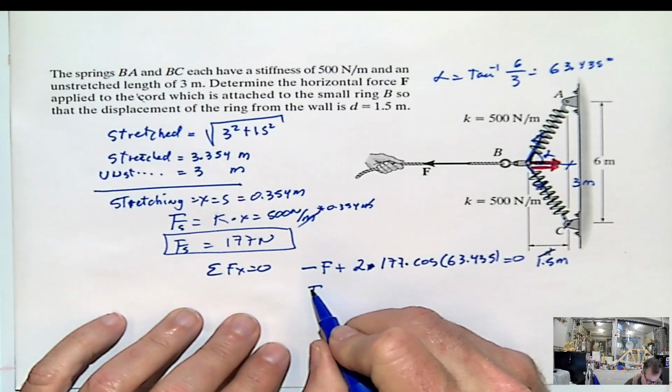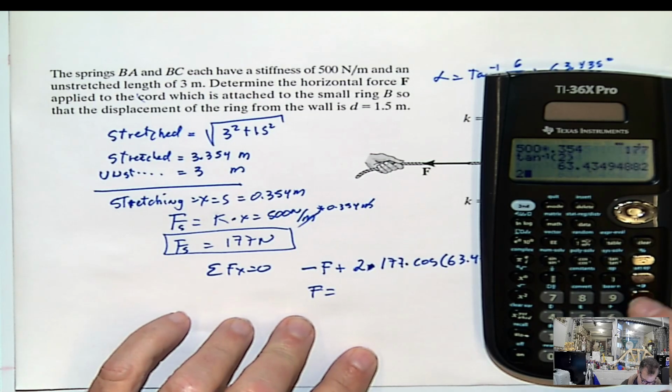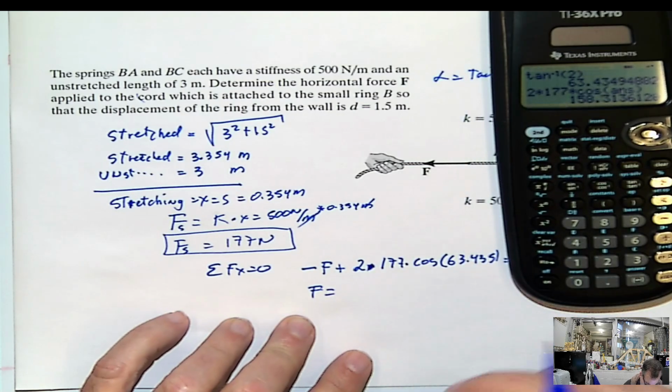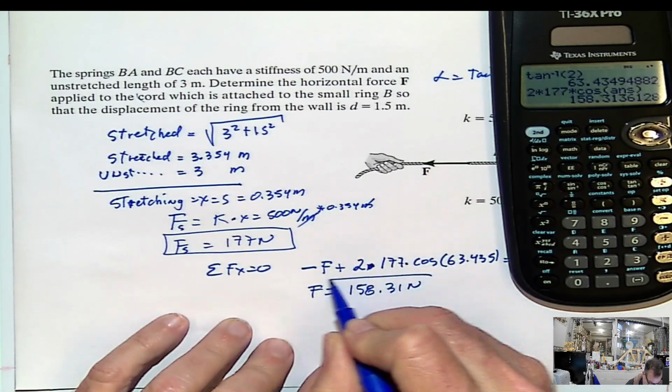And then I can solve for the force, and the force will be 2 times 177 times cosine of the angle that we calculated before, and that will be a force of 158.31 Newton.